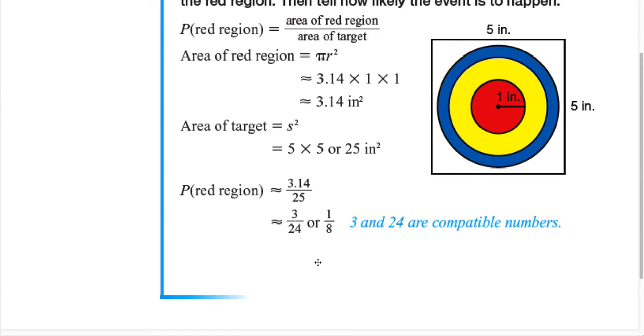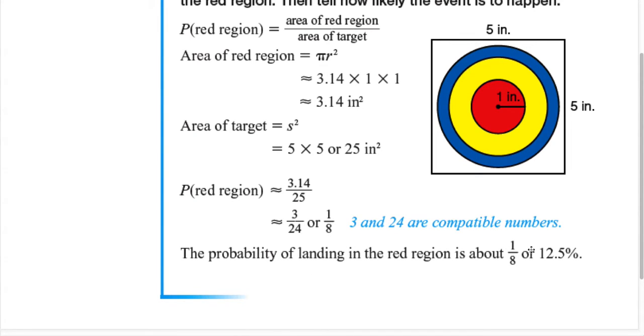So the probability of landing in the red region is about 1/8, or 12.5%. And according to what we learned in the past in terms of theoretical probability, with 1/8 the event is not very likely to happen. And that's how you solve that particular problem.